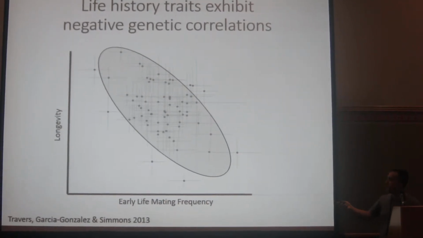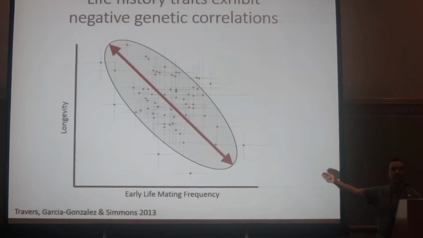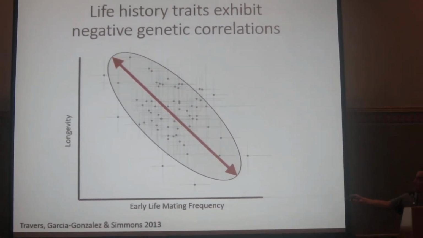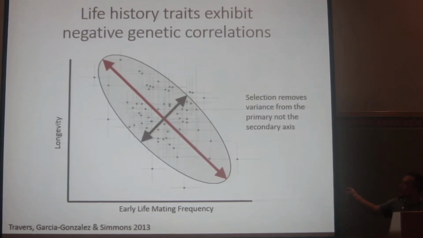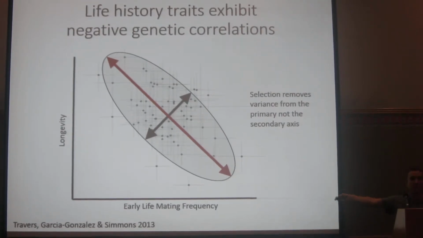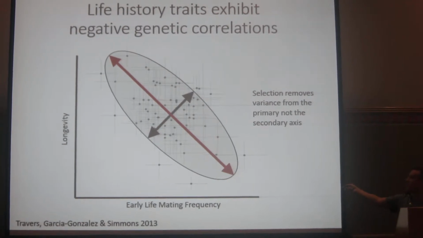So the importance of this is that if we consider, for example, this line representing the underlying trade-off between these two traits, then the shape of this distribution being this way means that basically what matters is variation along the perpendicular direction. That's basically what selection sees, what selection acts upon.